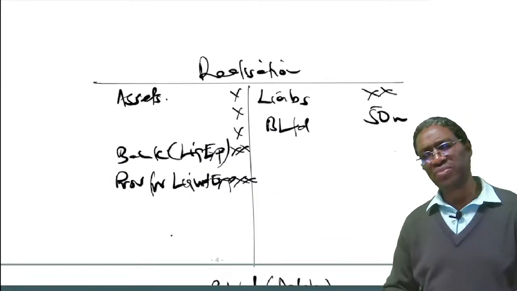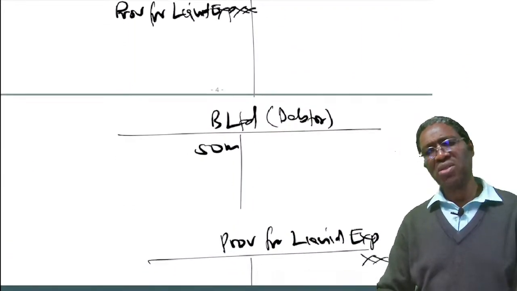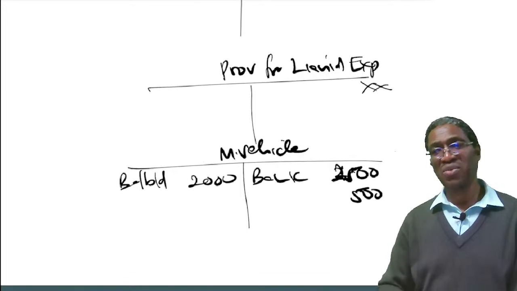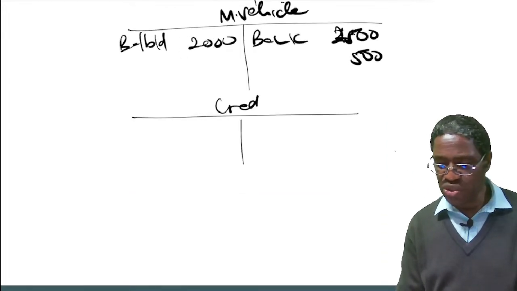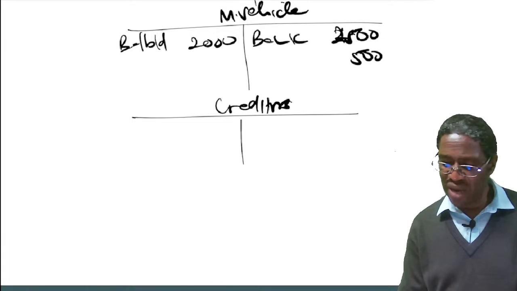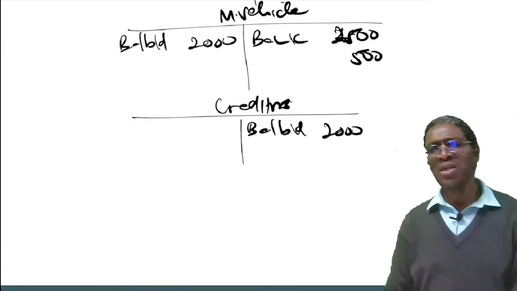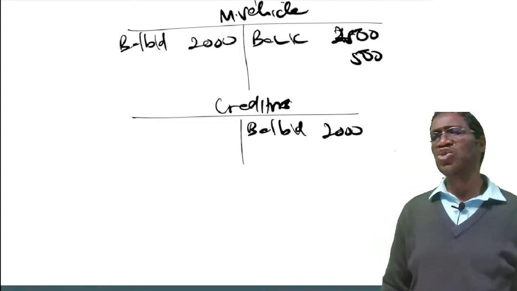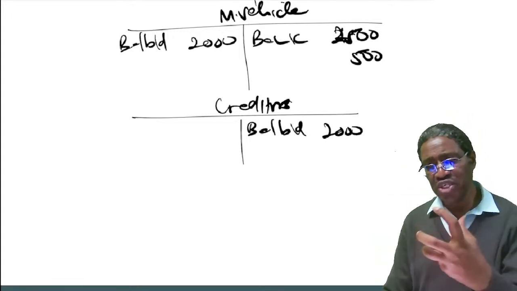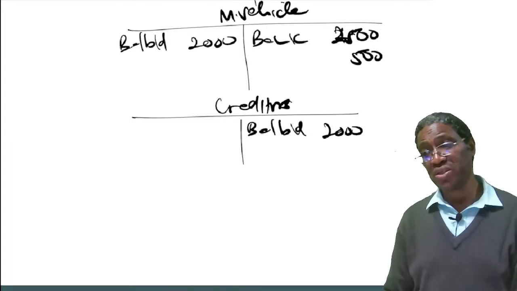Let us assume that the liability is creditors, and the creditors liability amounted to 2 million. Suppose the question tells you the creditors were willing to accept 1.8 million in full settlement.